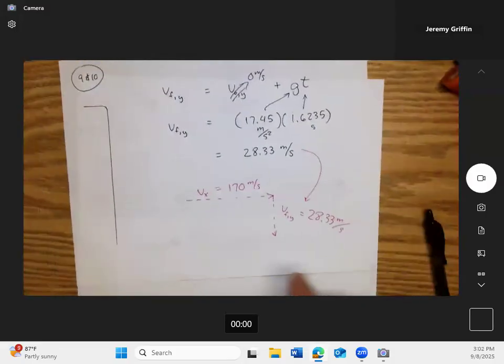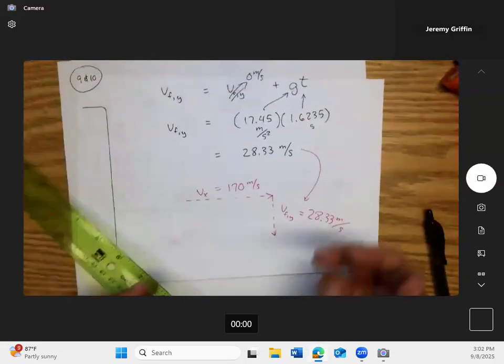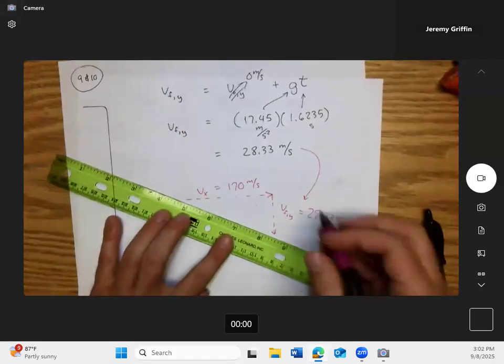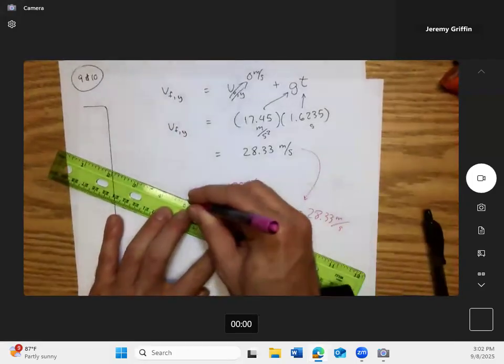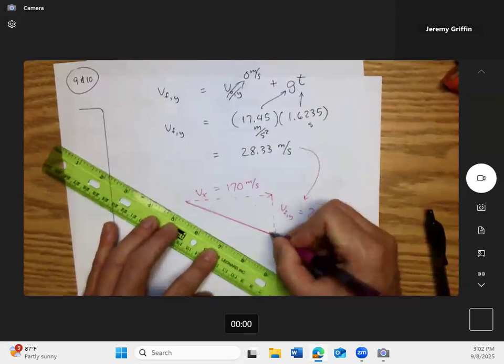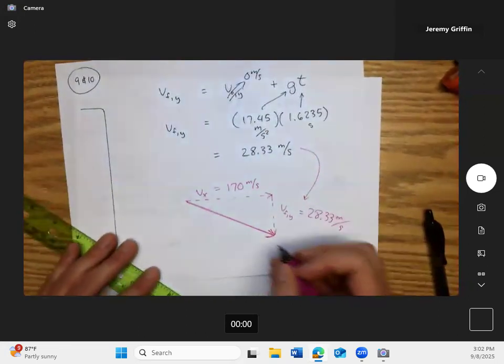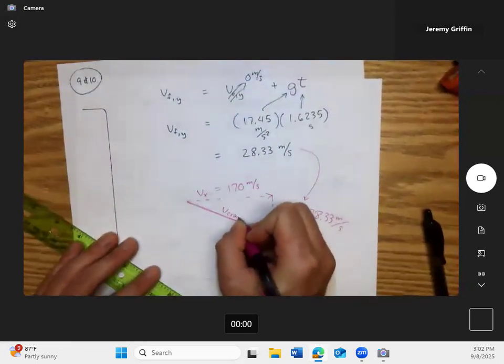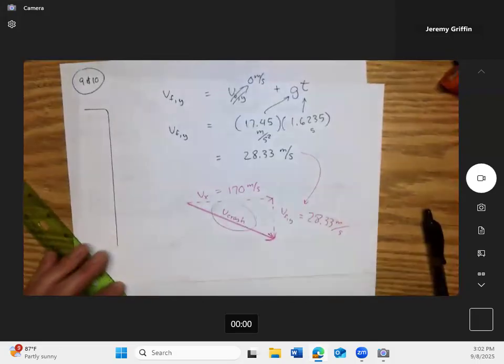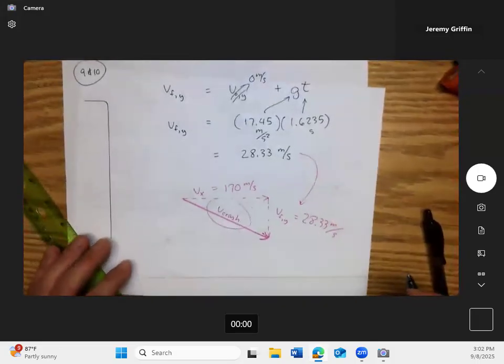So the cannonball is kind of going across the field. It's kind of coming down at the same time. So this right here, here's the resultant. I'll call it V crash. That's what we've got to find. Guys good? Any questions?